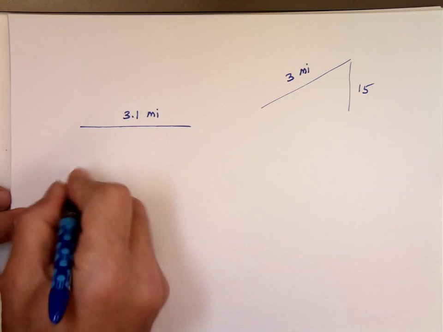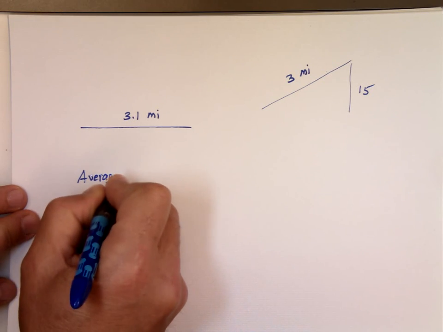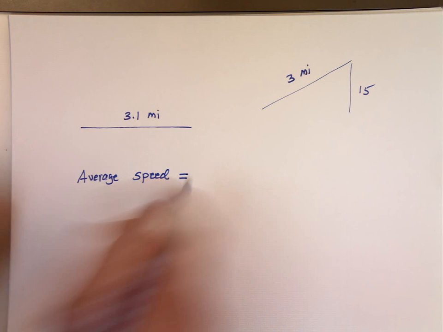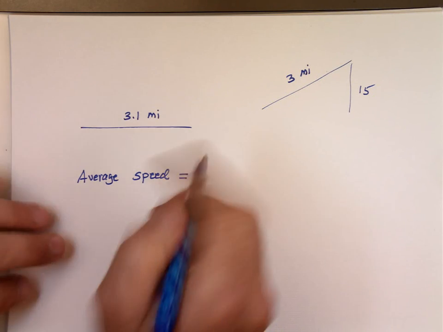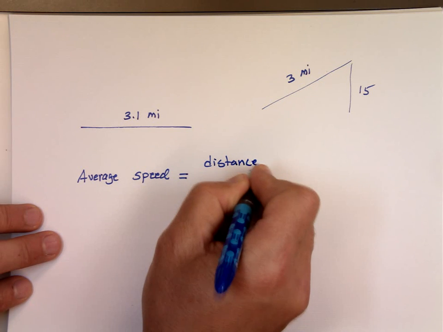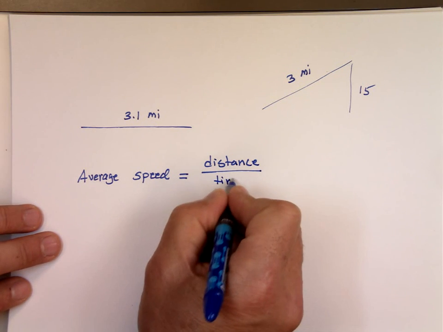So what is my average speed for the whole morning? It's the distance traveled divided by what? The time it took.